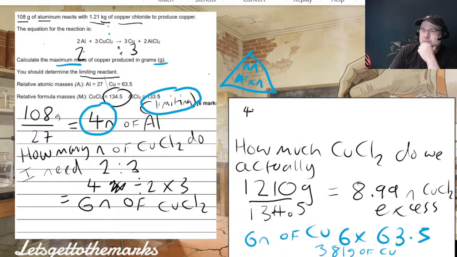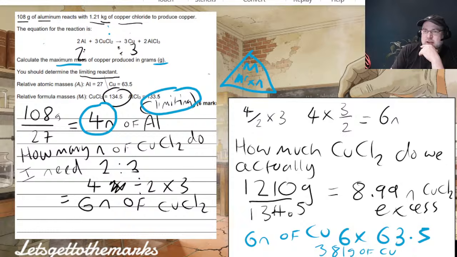You do that by going 4 divided by 2 times 3, or some people like to go 4 times 3 over 2, and that gives you 6. So because of the ratio of aluminium, my limiting reactant, I know it's going to give me 6 copper as the maximum I could make when the aluminium runs out. But I could have also said the aluminium will react with 6 moles of copper chloride, and they're in a 1-to-1 relationship. So that's another way of working out that it was 6. You wouldn't use the excess. Just don't use the one that's in excess to do it.